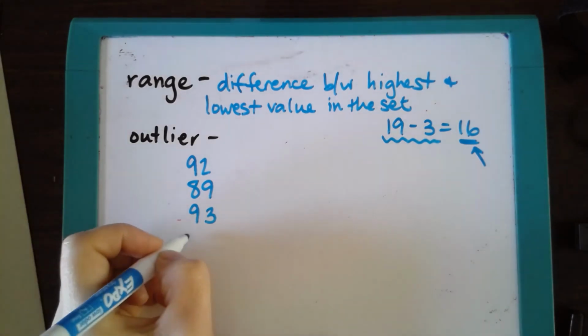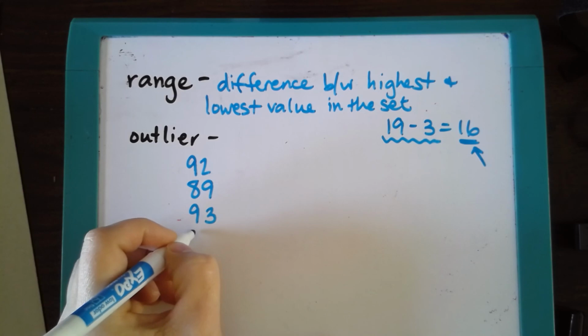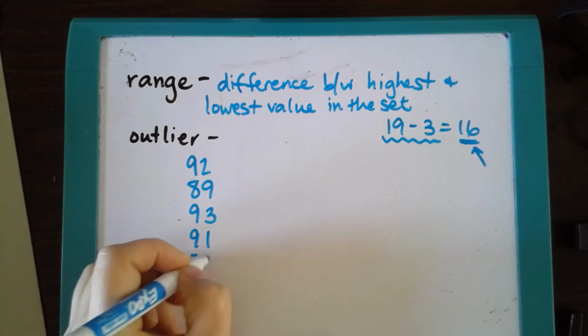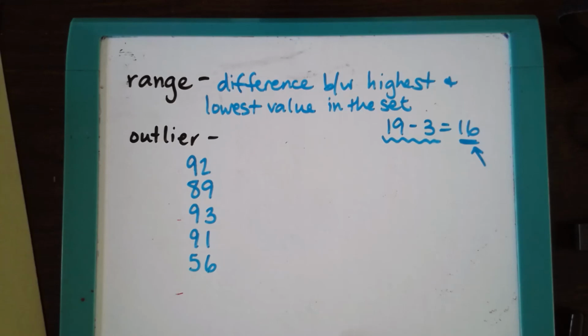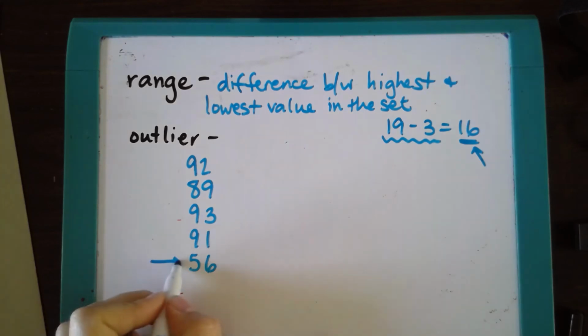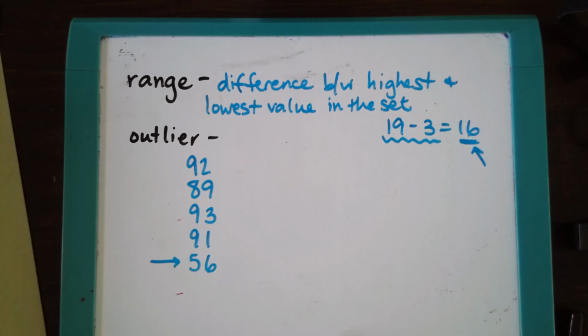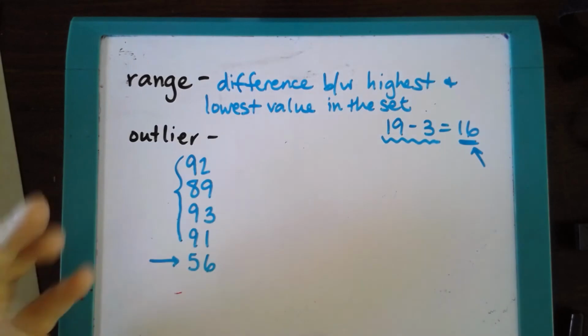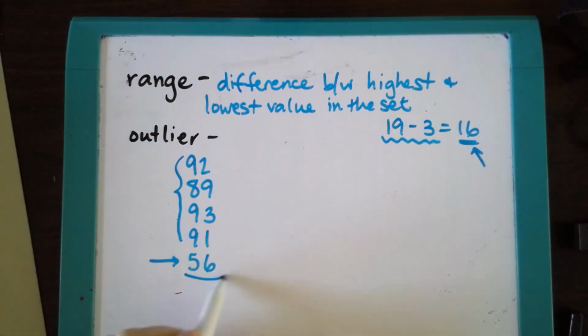In the fourth class they had, I don't know, maybe 91%, and then in a fifth class they had 56%. It's pretty clear that this class stands out from the rest of these data points, right? These are very close together. This is very far away from any measure of central tendency. So it is an outlier.